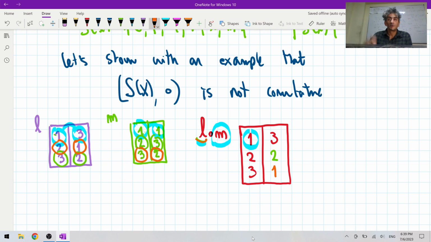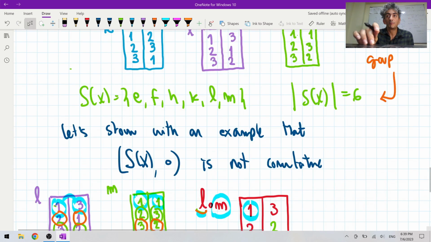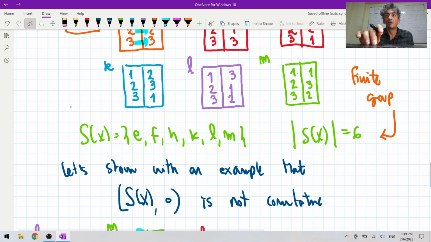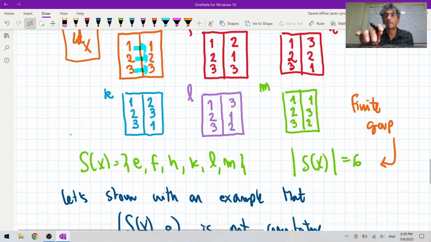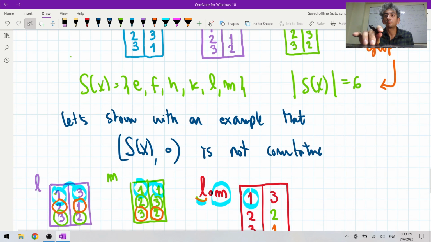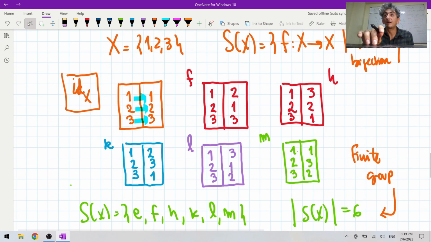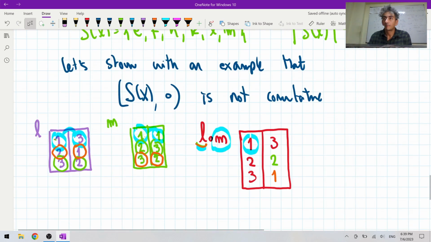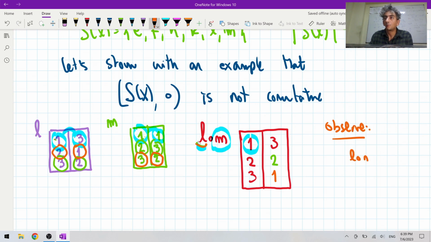If you take a look, L composed with M ends up being H. Observe that L composed with M gives H. It's another element of the group.